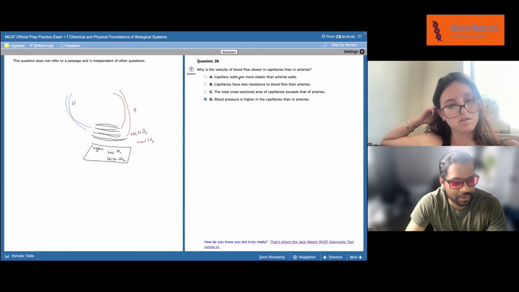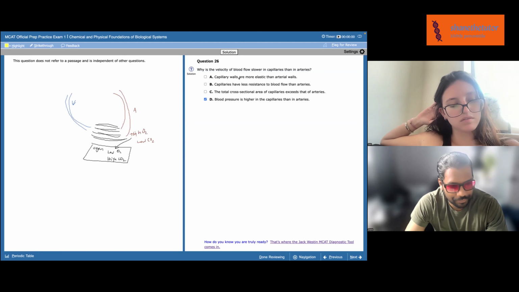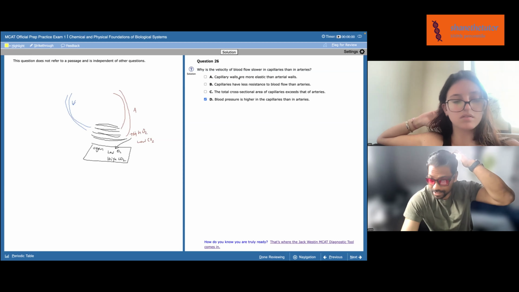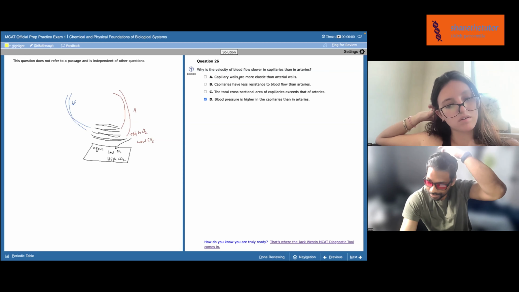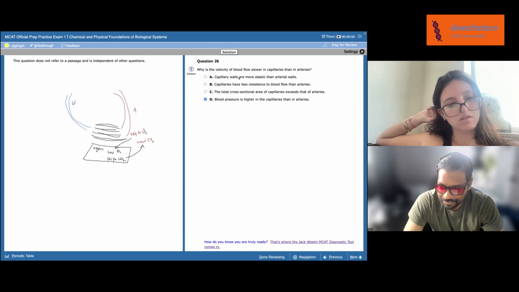So through diffusion, oxygen travels from the oxygenated blood, which is high in O2, to the organ, because the organ has less O2, right? And the organ has excess CO2, which it offloads to the blood.